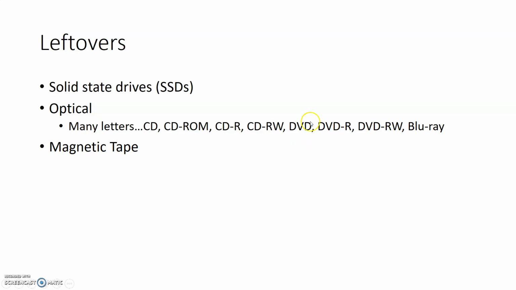And so at home, and I didn't put these letters here, actually I missed some letters. A DVD-ROM would only be able to read a DVD, meaning it would only have the low intensity laser for detecting the lands and the pits. A DVD-R would have a high intensity laser so it could burn the pits, and then a low intensity laser for sensing the pits.